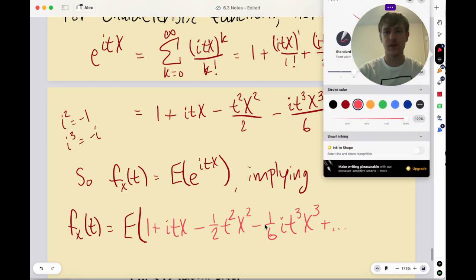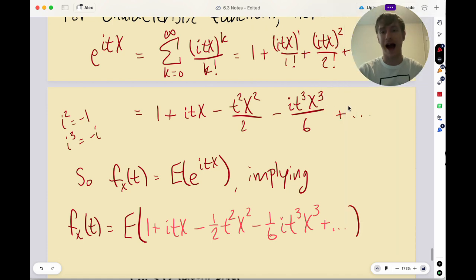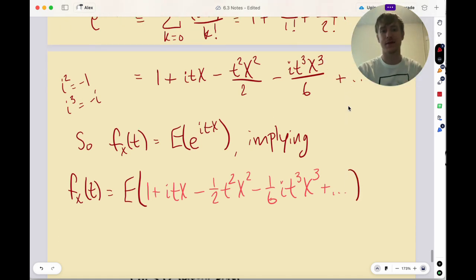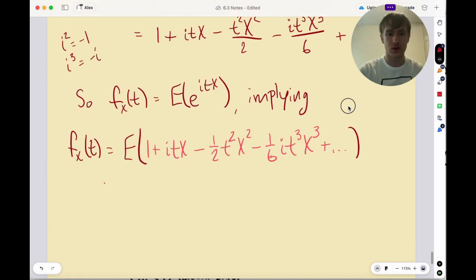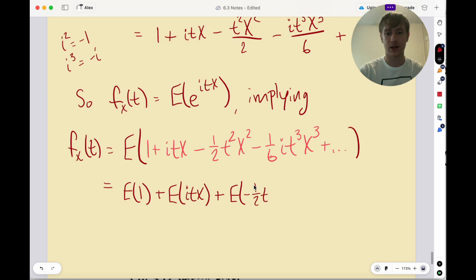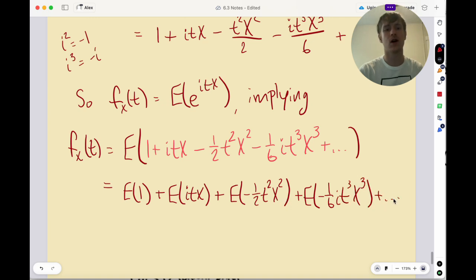And then remember that with the expected value operator, we can just distribute it. The expected value of a sum is the sum of the expected values. So this is really just going to be the expected value of 1 plus the expected value of itX plus the expected value of minus 1/2 t squared X squared plus the expected value of minus 1/6 i t cubed X cubed, and so on and so forth.